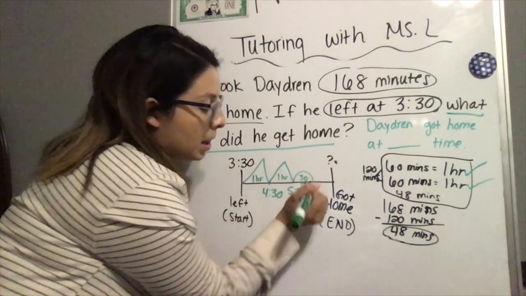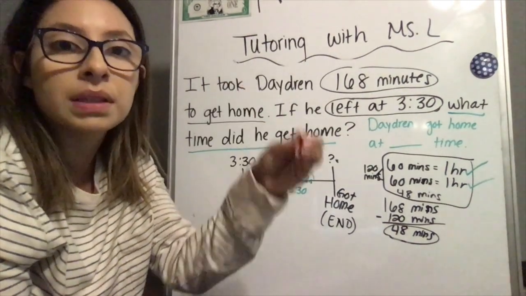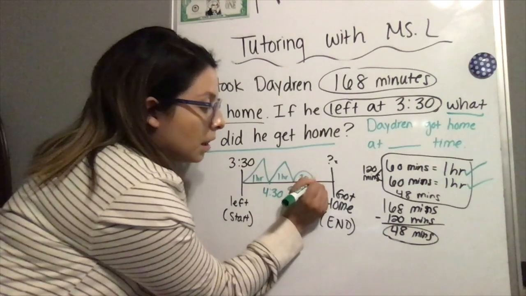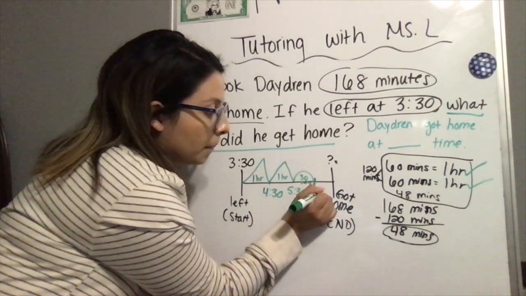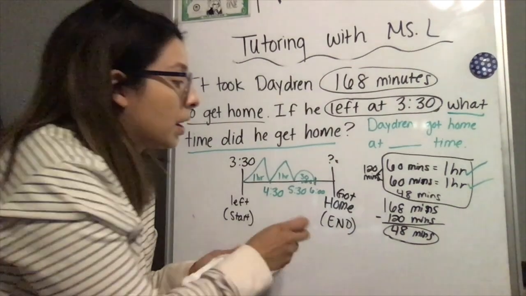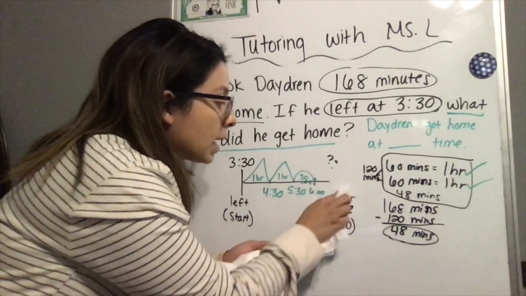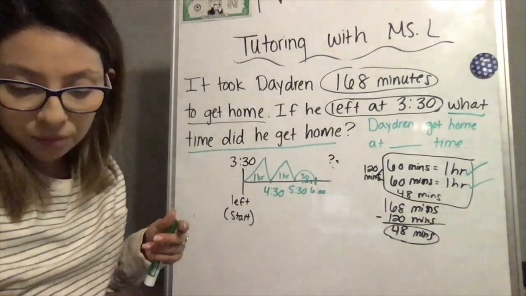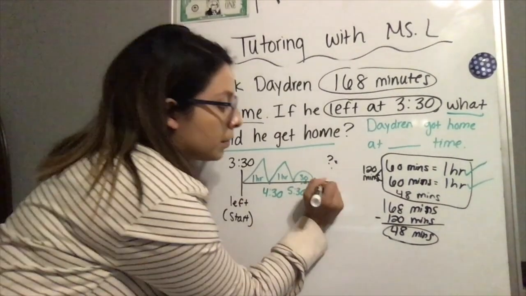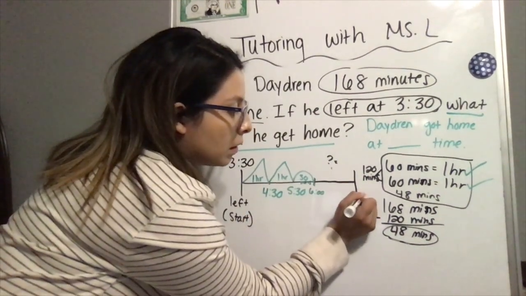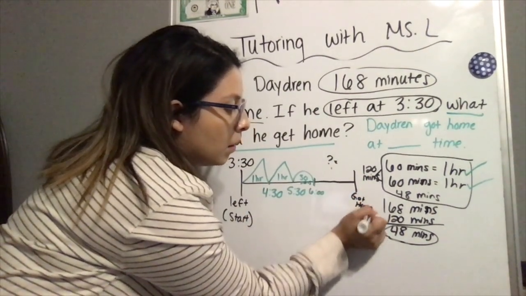By 30 minutes, because 10 minutes plus 10 minutes plus 10 minutes is 30, or 10 times 3 is 30, and that'll bring me to 6 o'clock. Now notice, sometimes you're going to have to do this where you make your timeline or your number line a little bit longer because you never really know how much space you're going to use. So you can always change it and write got home or end.